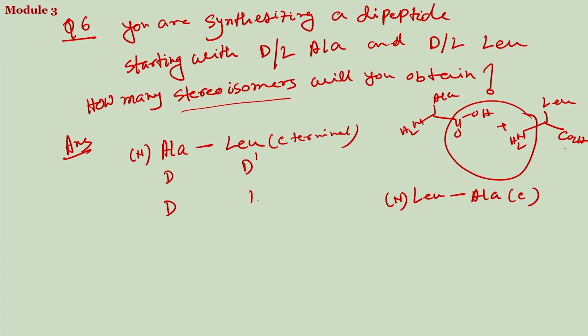This can be D, this can be L. This can be L, L prime, this can be L, this can be D. So 4, same here: D, D prime; D, L prime; L, L prime; L and D prime.